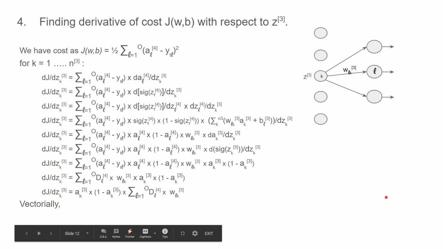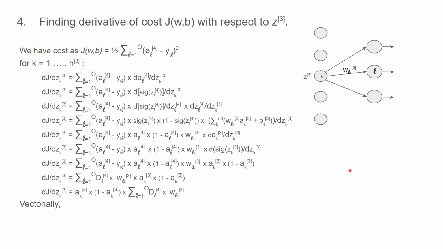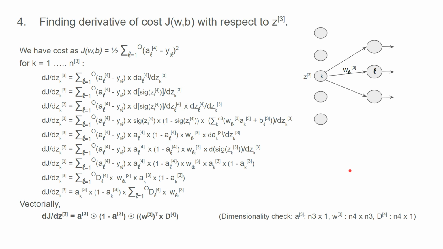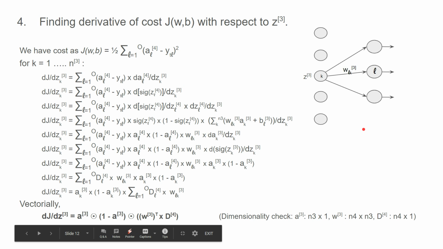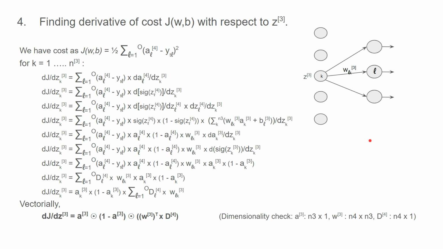But let's say we want to represent it vectorially. Vectorially, the equation is represented as dJ by dz3 equals a3 element-wise multiplied with (1 minus a3), element-wise multiplied with W3 transpose cross d4. Dimensionality we can check. a3 is n3 cross 1, W3 is n4 cross n3, and d4 is n4 cross 1.